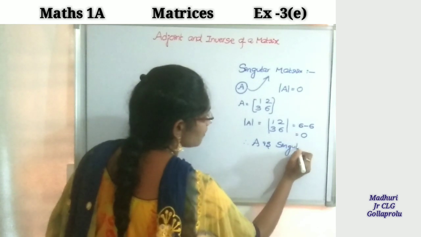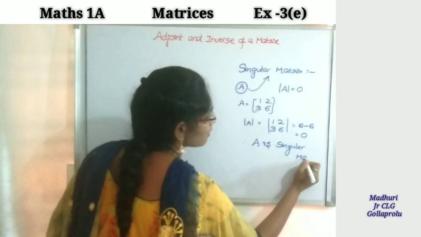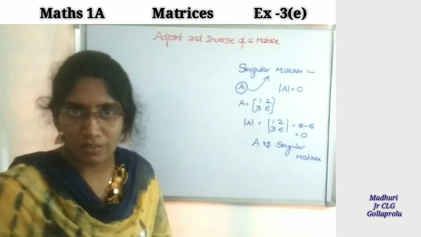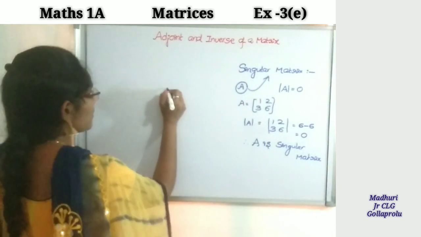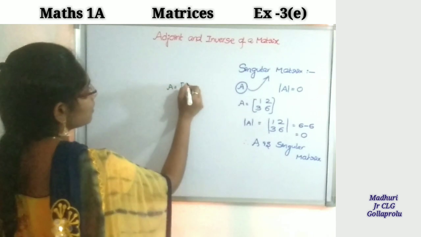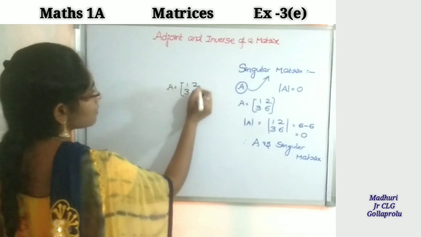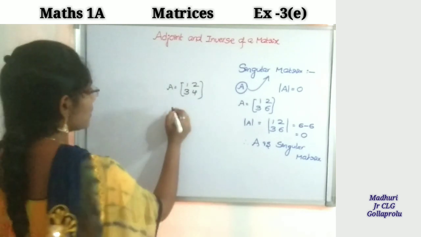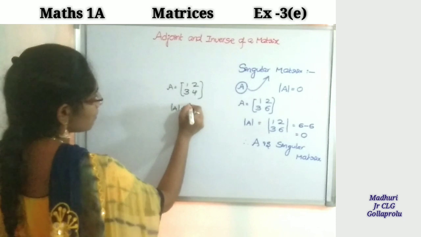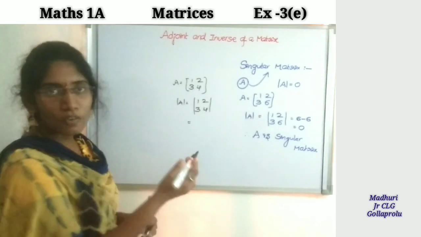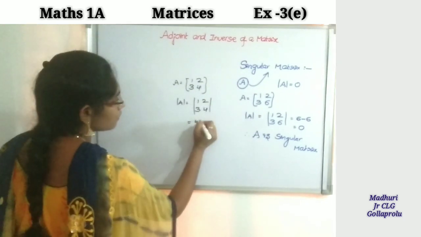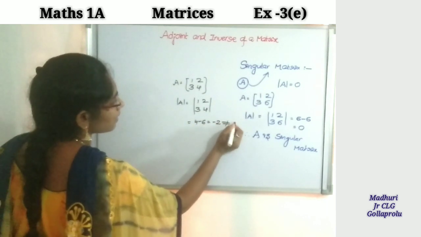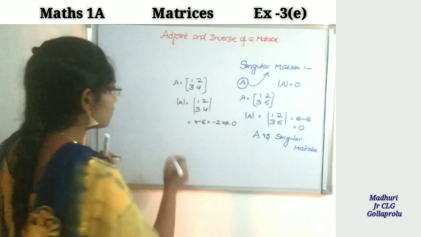Now, what is the next one? Non-singular matrix. Non-singular matrix means det A not equal to 0. For example, A is equal to [1, 2; 3, 4]. Now, is it singular or non-singular? Finding the det value, det A is equal to det of [1, 2; 3, 4], that is 1 into 4, 4, minus 3 into 2, 6, that is equal to minus 2, which is not equal to 0.